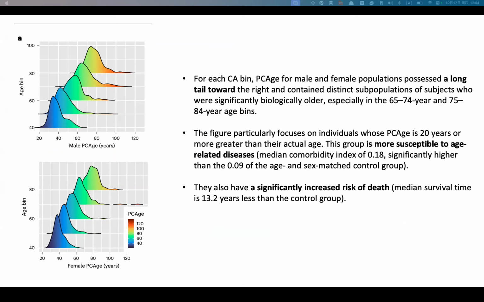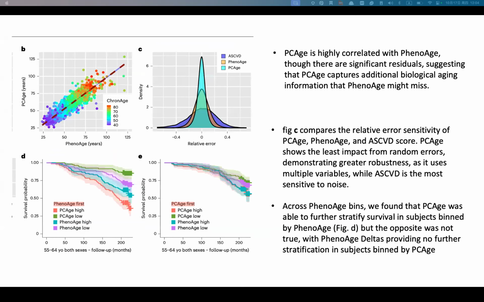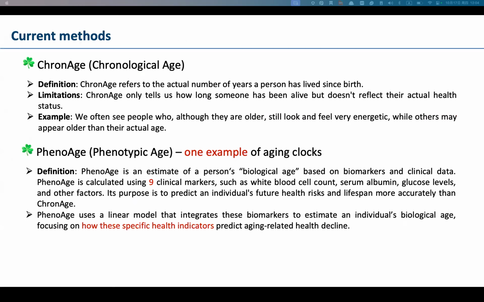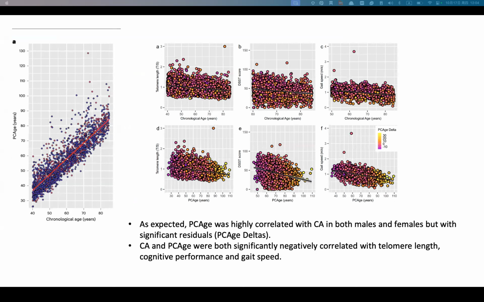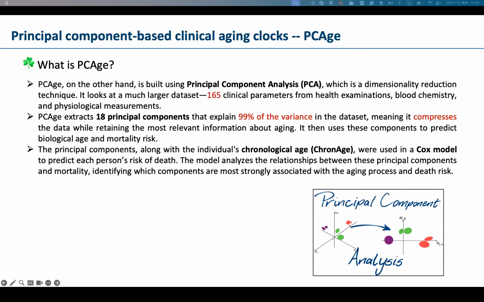You mean, for example, this figure? This is PCH years. Because you have principal components, 18 components, right? Yes. They have the 18 components along with the CA.